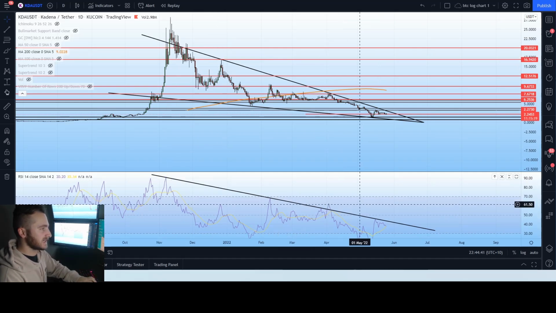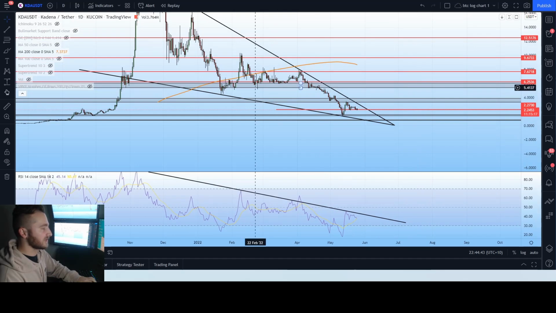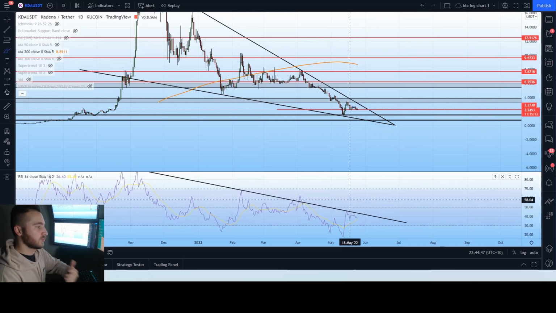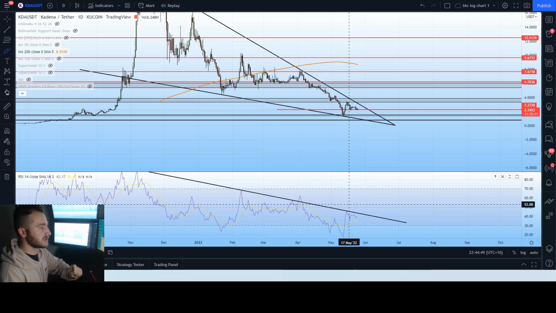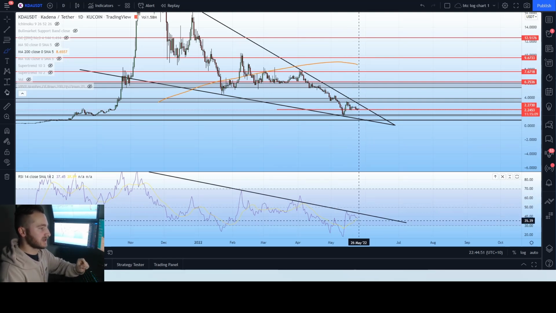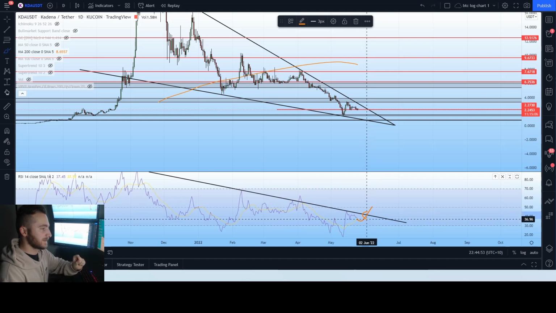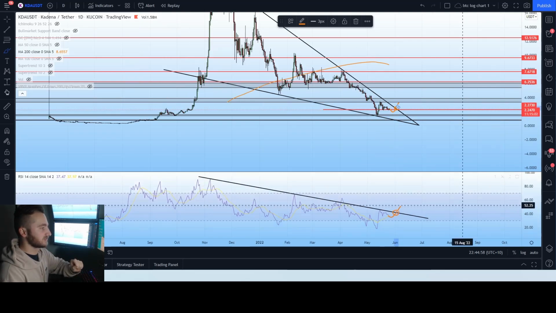And then finally moving down over here, we have more resistance on that RSI. And once again, the price hasn't actually quite reached that resistance. What I can say is we're looking for a combination this time of the RSI break plus the price break. That is something we haven't seen this entire time since October.